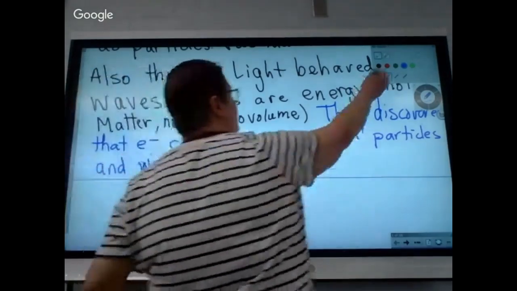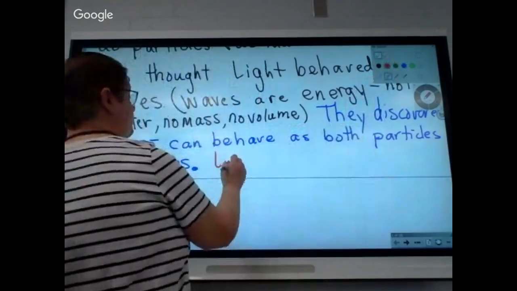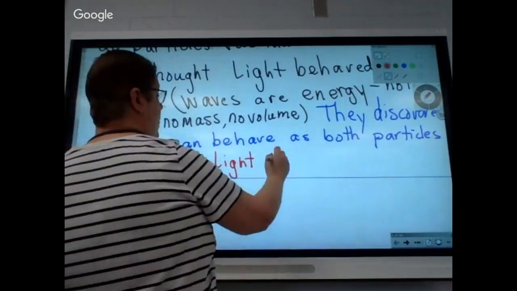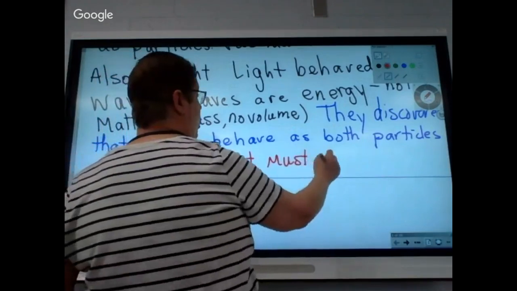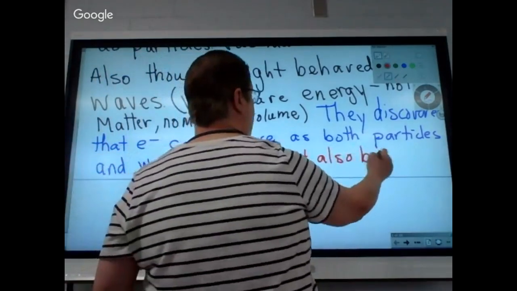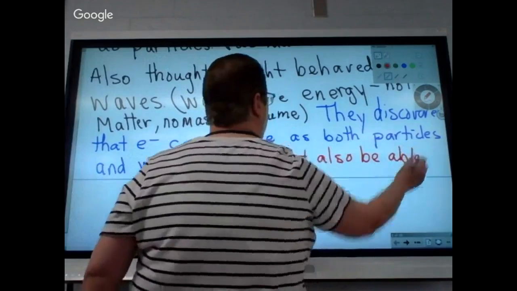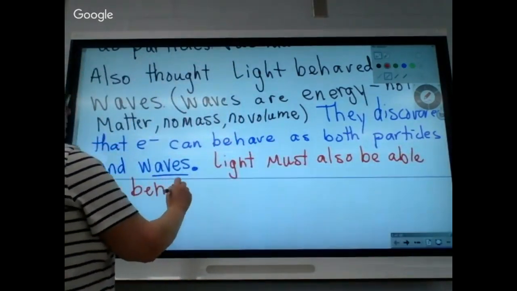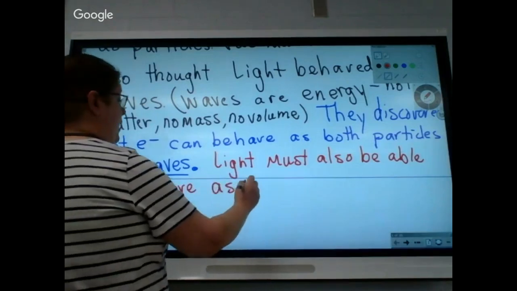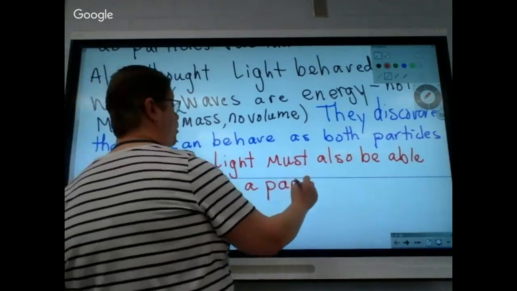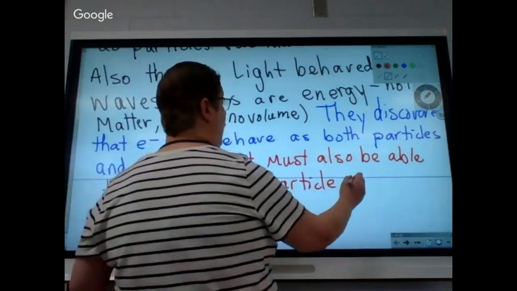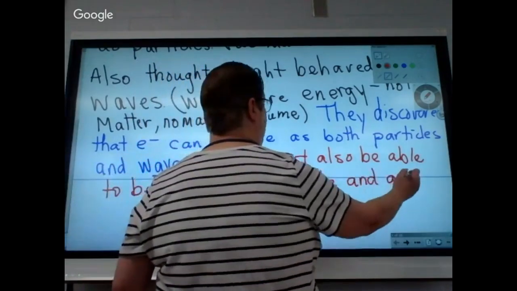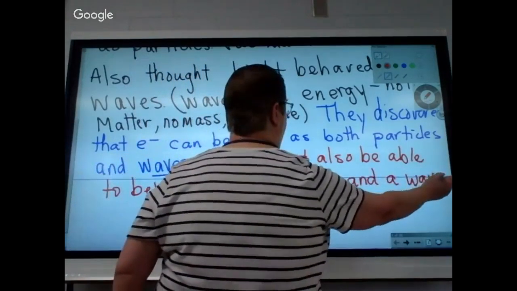So, light must also be able to behave as a particle and a wave.